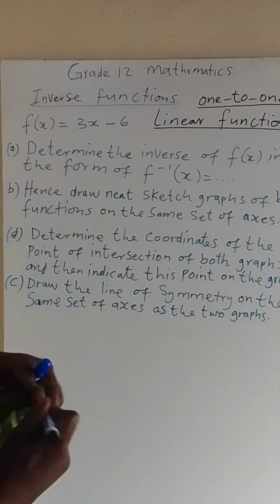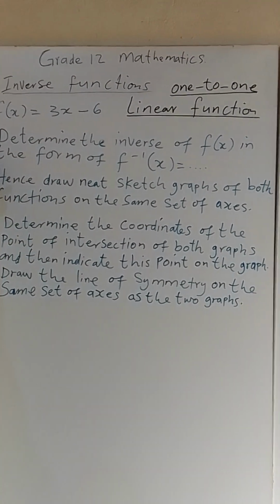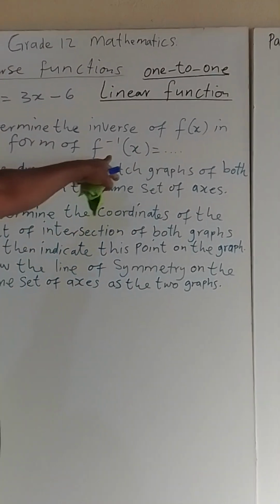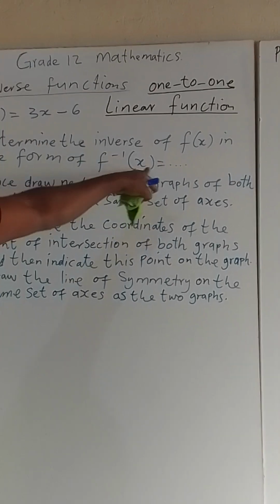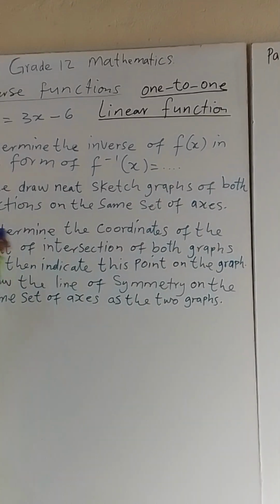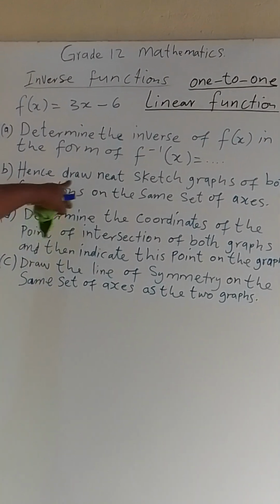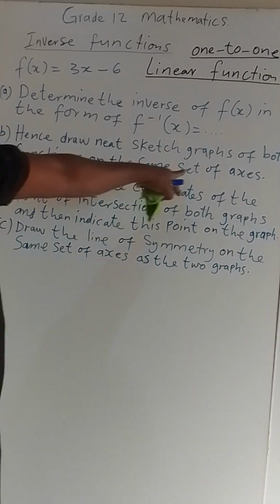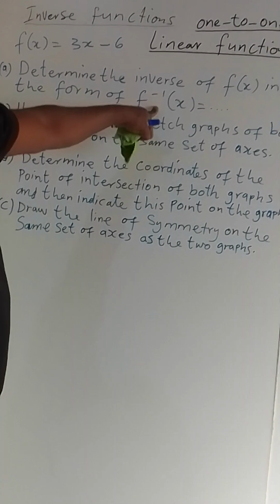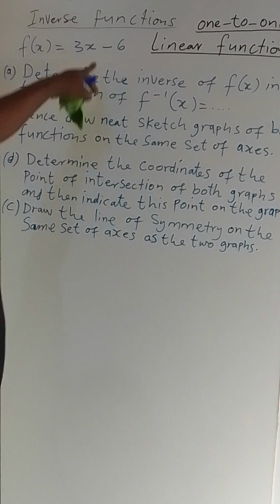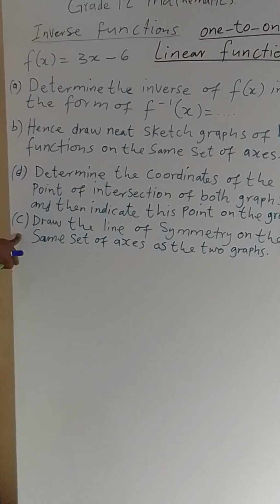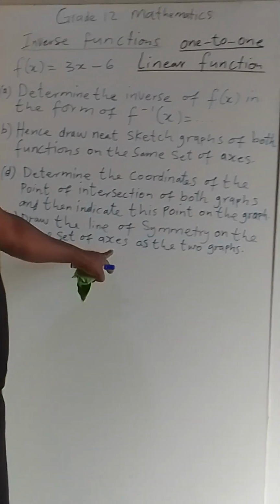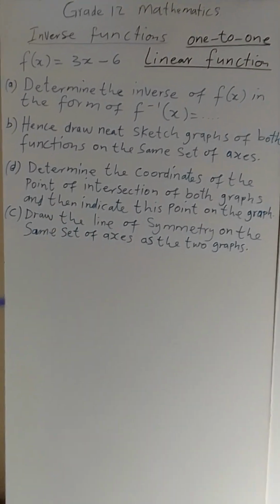Now the question may ask you to determine the inverse of f(x) in the form of f⁻¹(x) equals to... b. Hence, draw neat sketch graphs of both functions, the function and its inverse, on the same set of axes. Then C says draw the line of symmetry on the same set of axes as the two graphs.